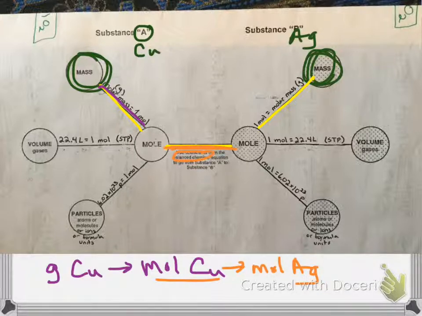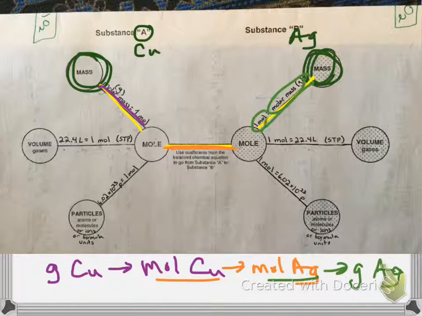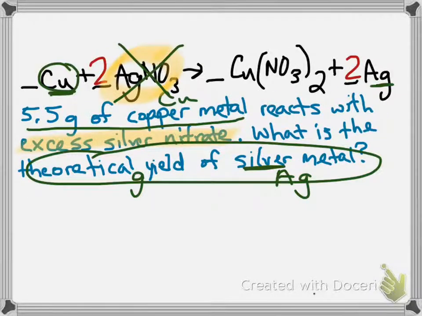So that's when we use the coefficients from our balanced equation. And in the third step, we're going to need to convert from our moles of silver into grams of silver. That'll be our theoretical yield, and that's when we use our molar mass equal to 1 mole. So again, this is going to be a 3-step problem.